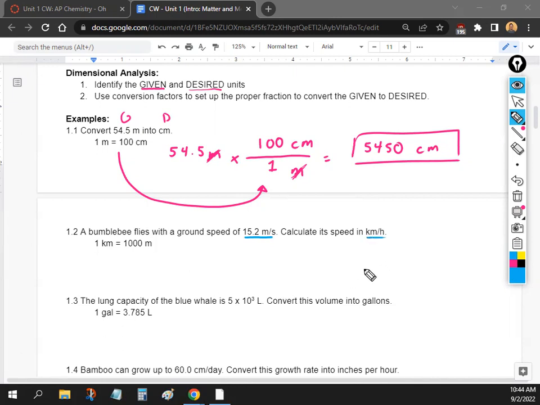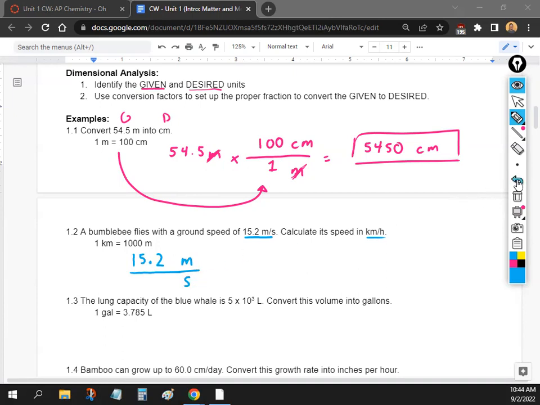Okay. All right, so if we look here, we have our starting unit of 15.2 meters per second, and we want to turn this into kilometers per hour. Now, this one's a little bit weird because here we only had one unit of measurement, but here we have a fraction for our unit of measurement, right? And so what we have to do is start by writing 15.2, but it's going to be meters per second. So it's basically the same thing as this. You've got 15.2 meters on the top of a fraction, and you've got seconds on the bottom.